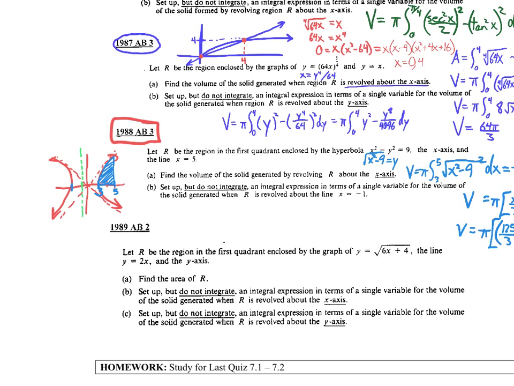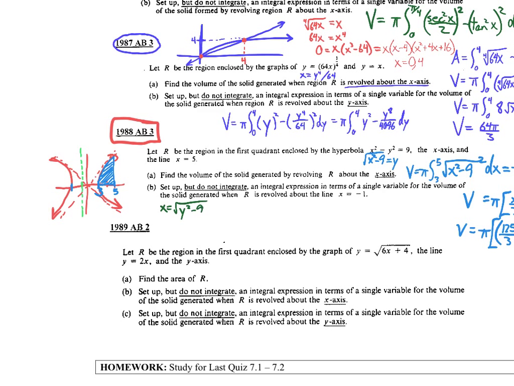So the first thing I'm going to do, I'm going to write everything as a function of y this time. So notice x equals the square root of x squared minus 9. X equals the square root of y squared minus 9.